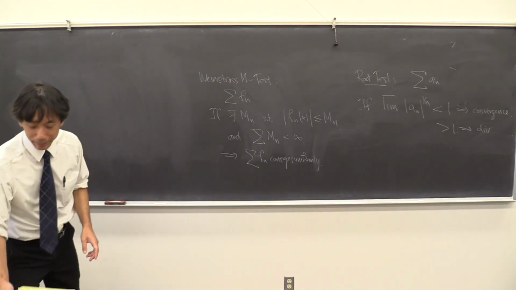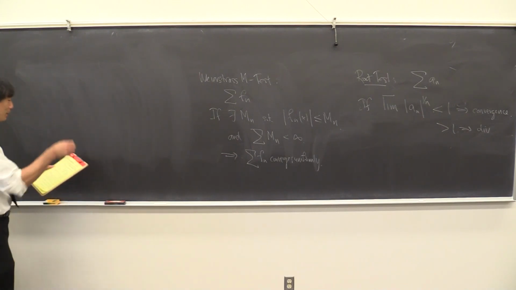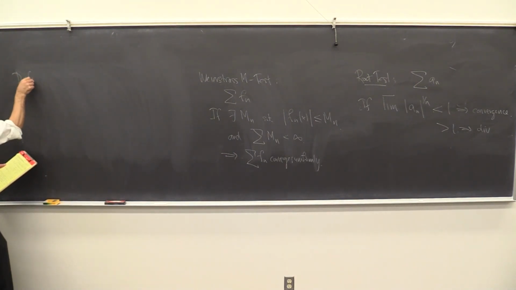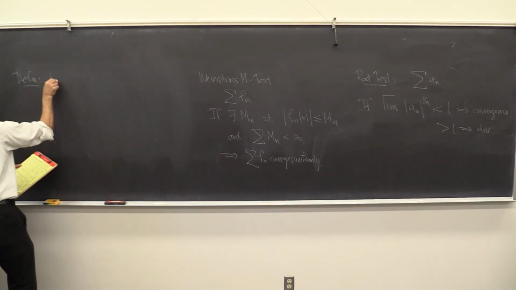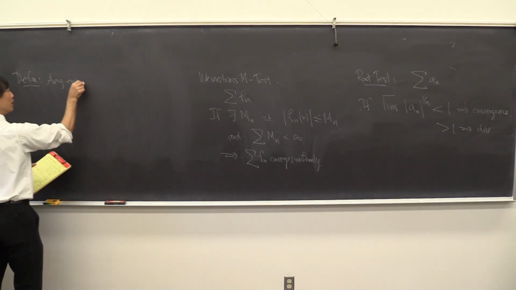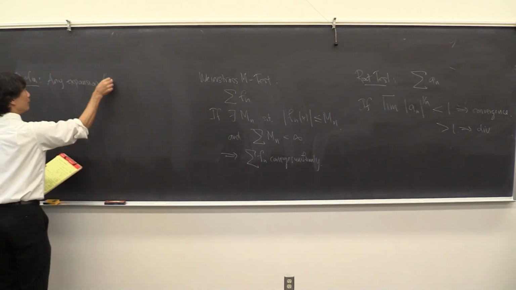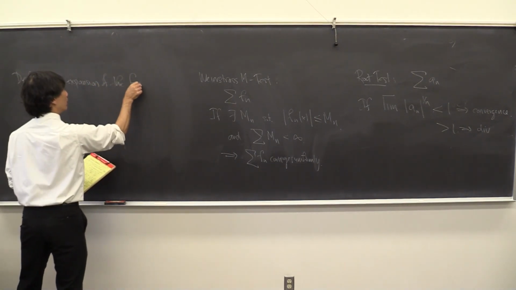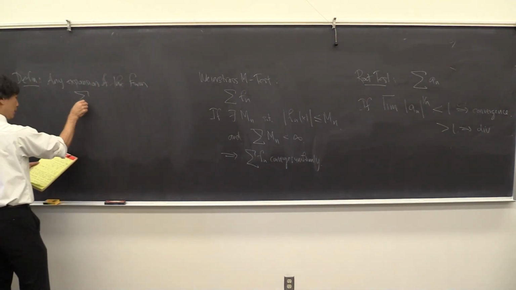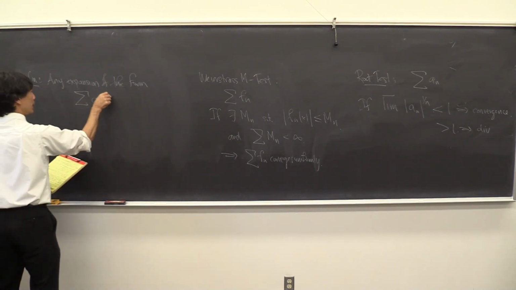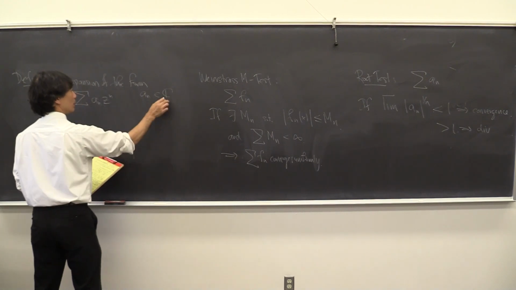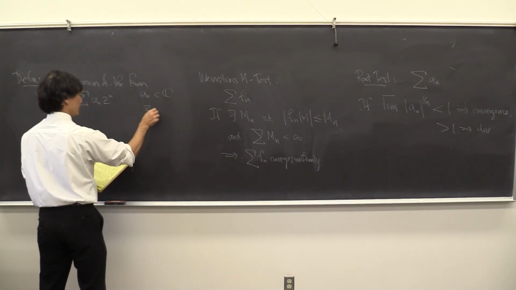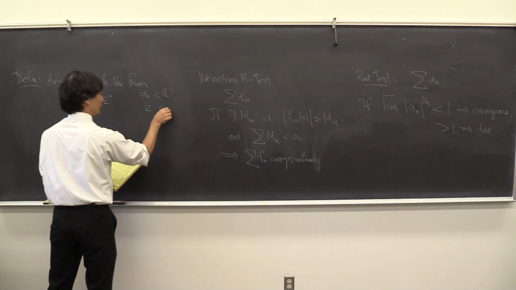Okay, so the first thing that I'm going to put up, which you've definitely seen before, is the definition of a power series. Any expansion of the form summation a sub n z to the n, where the a sub n are constants and z is a complex variable.